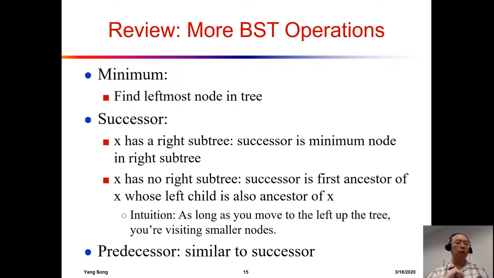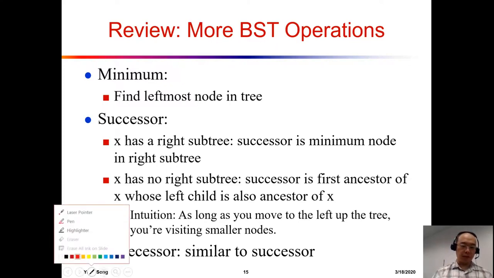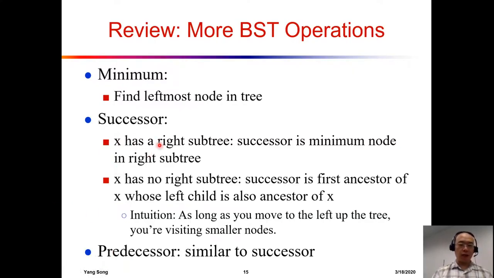Otherwise, if X has no right subtree, the successor is the first ancestor of X whose left child is also an ancestor of X. So that is the algorithm for the successor, and we are mainly going to use the first case, which is this case. This is the case we are going to use when we want to do deletions.